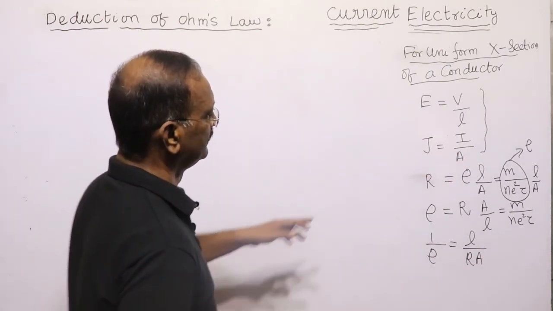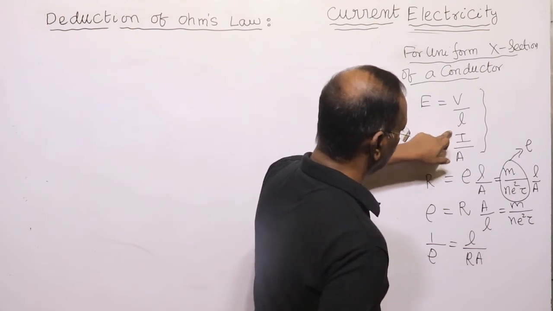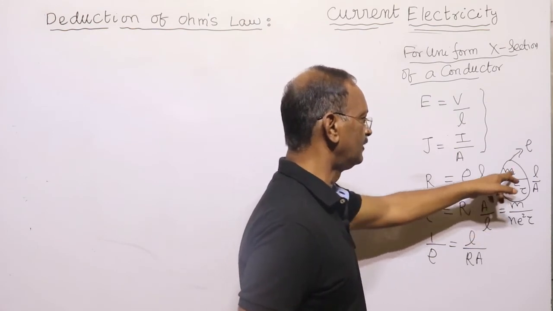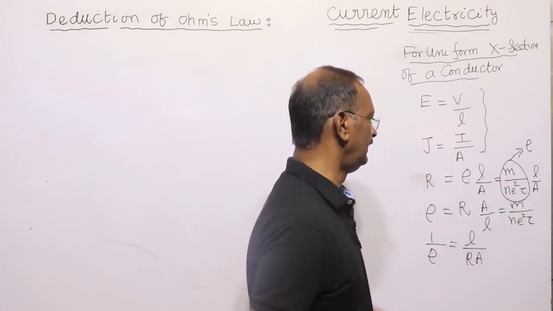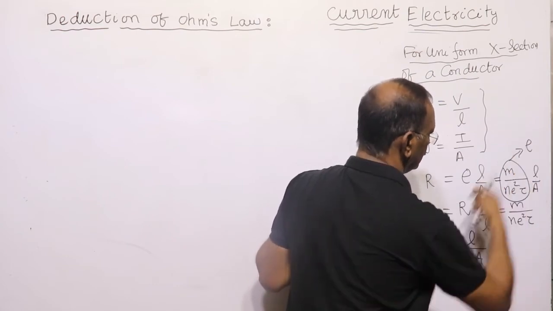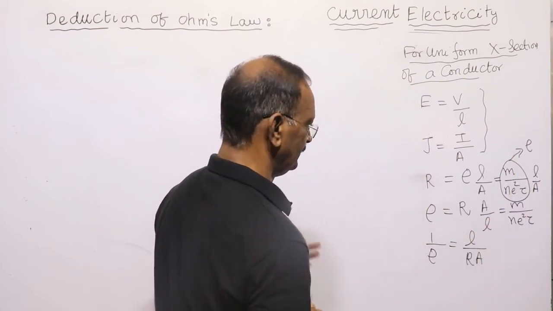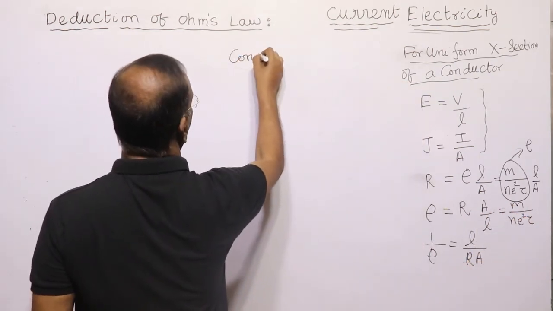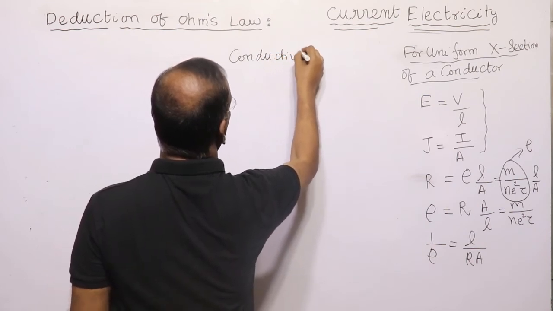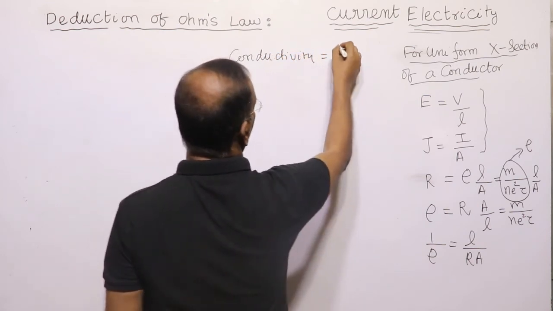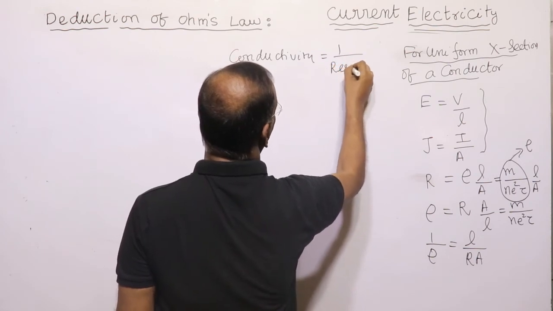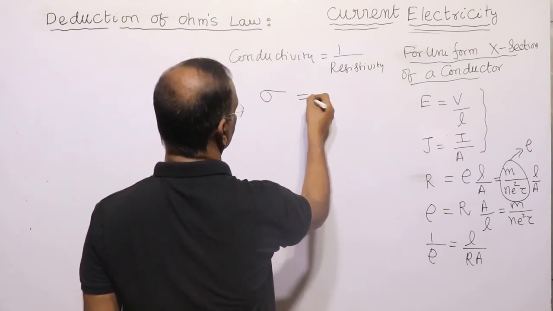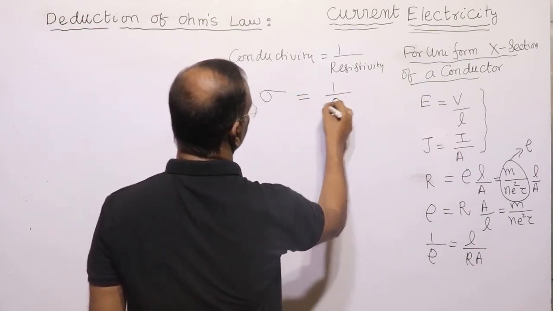And as we have seen, current density is equal to current divided by area, and resistance is equal to rho L by A, which is equal to m by n e square tau into L by A, where m by n e square tau is equal to the resistivity of the material, and conductivity is equal to 1 by resistivity. That is, conductivity, denoted by sigma, is equal to 1 by resistivity.